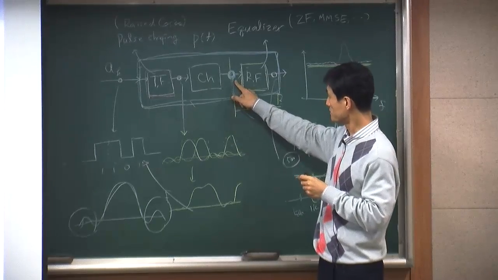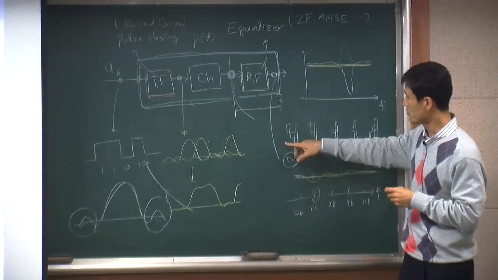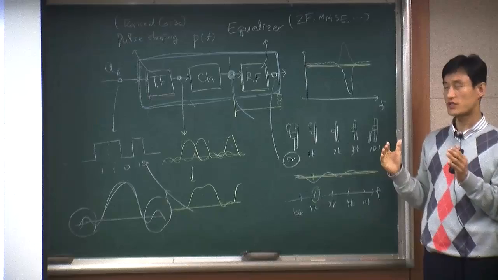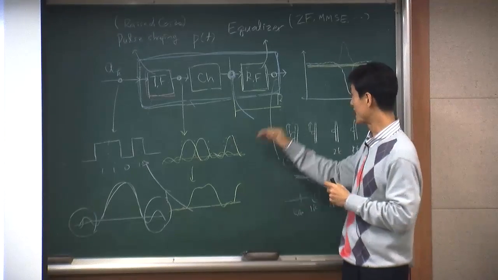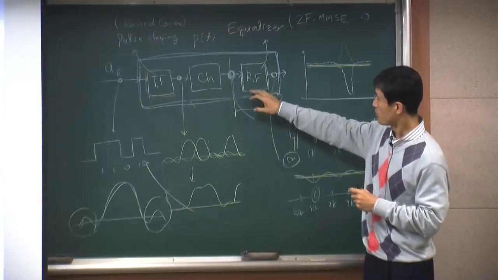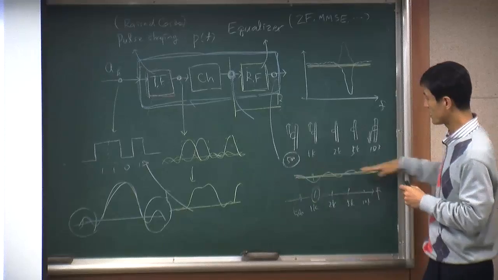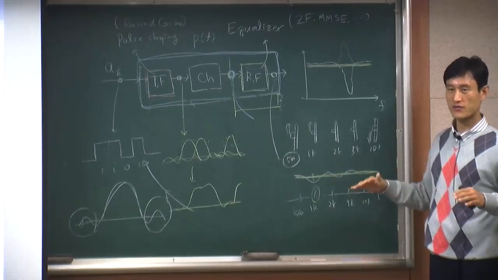We have here in communication, right here before the receiver, if you measure the frequency transfer function, it's not equal. Okay, it's like this. And then we put this into the equalizer, and eventually at the output, we want to make it equal gain in the frequency domain.